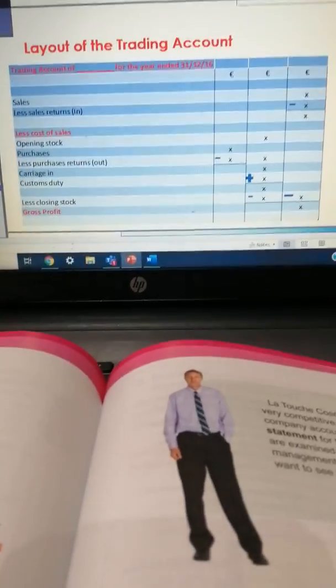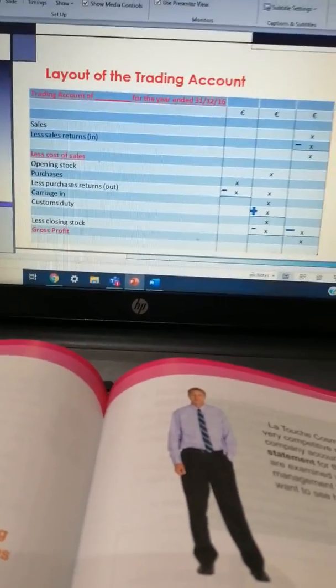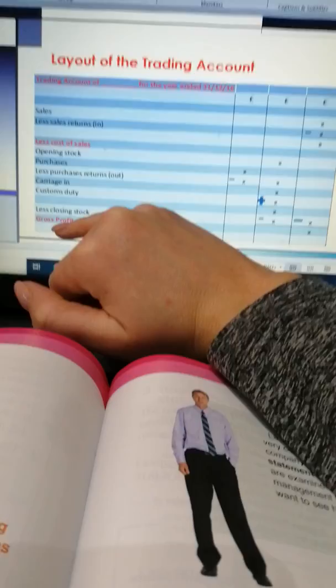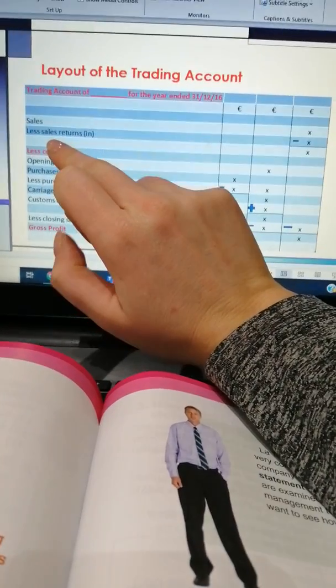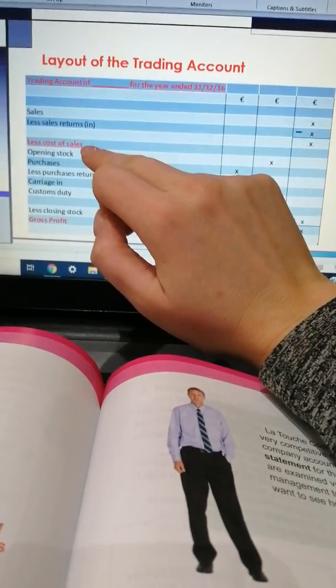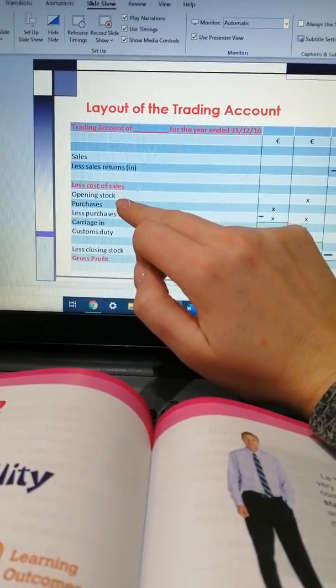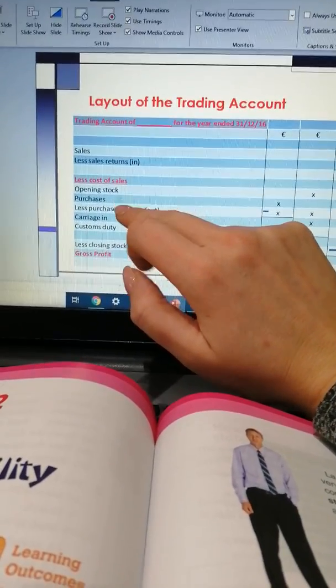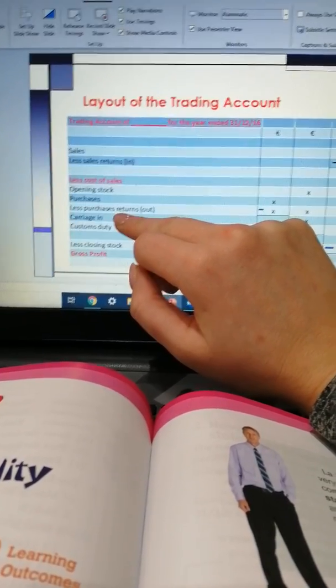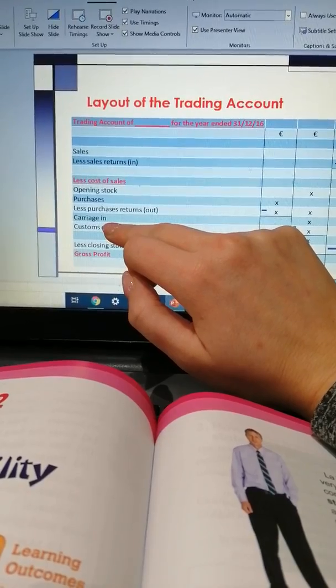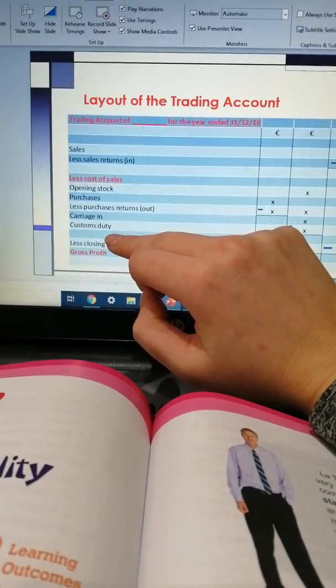So if you're looking at a trading account, the words that are here are always the same, they don't change. We have sales minus sales returns, and then we have the cost of sales, the cost of selling those products. We have opening stock, purchases, purchase returns, the things that were bought back, carriage inwards, which is the money we pay on the goods being delivered to us, and customs duty.